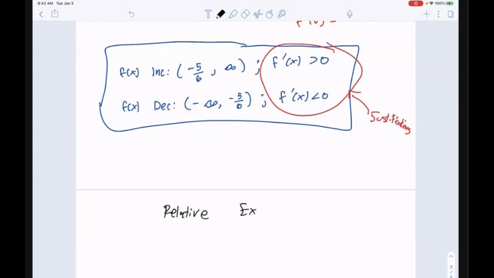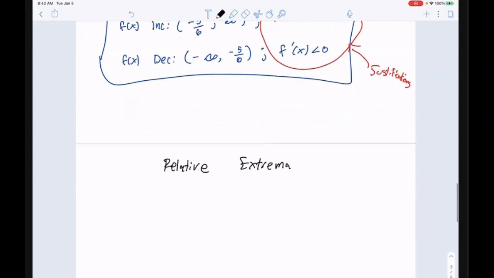Okay. Relative extrema. When I say relative extrema, we're referencing two different words. Relative minimum, sorry, and relative maximum.